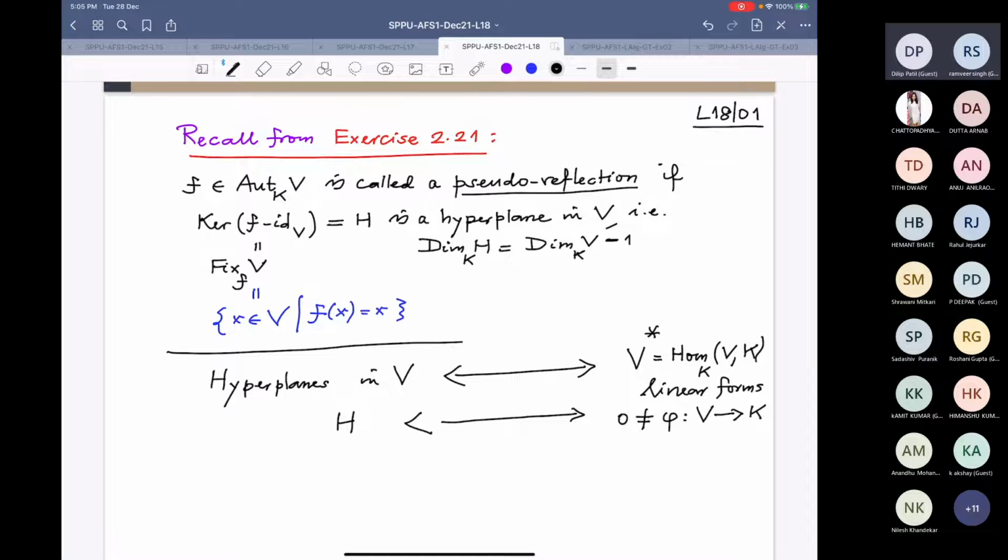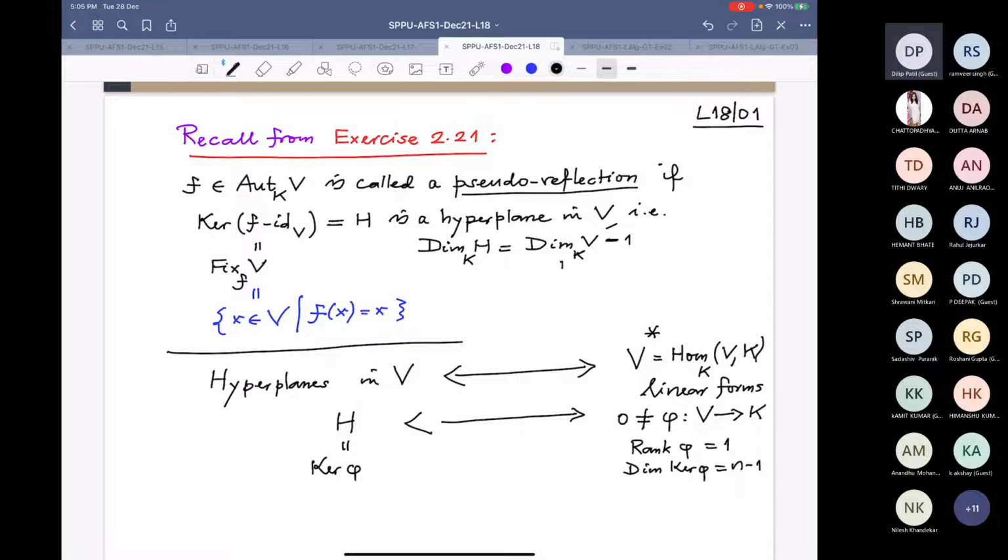If you have a linear form, you take the kernel of that, and that is H. If you have a non-zero linear form, that means it is surjective, that means rank 1, and therefore the kernel will have dimension one less. The rank of phi is 1 because it is non-zero, and therefore by the rank-nullity theorem the dimension of the kernel will be n minus 1, where n is the dimension of V.